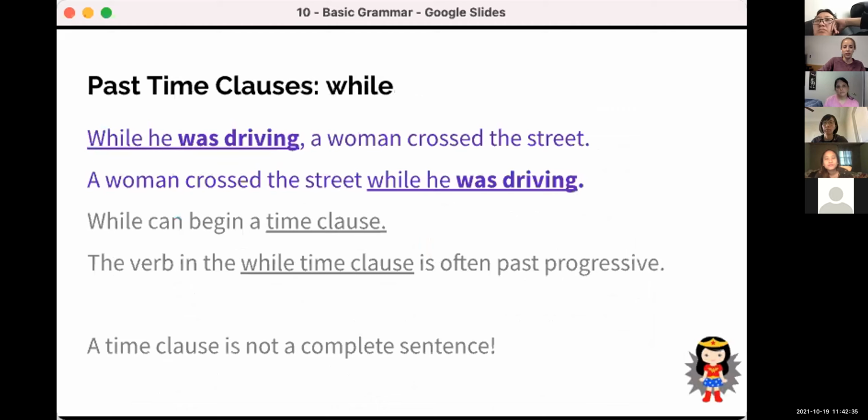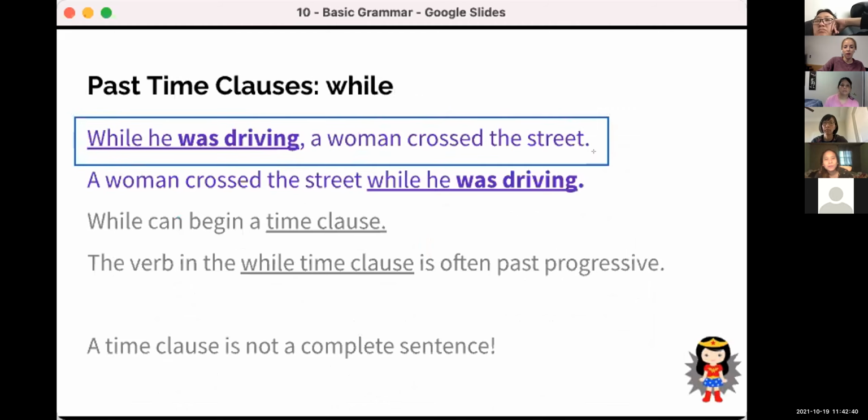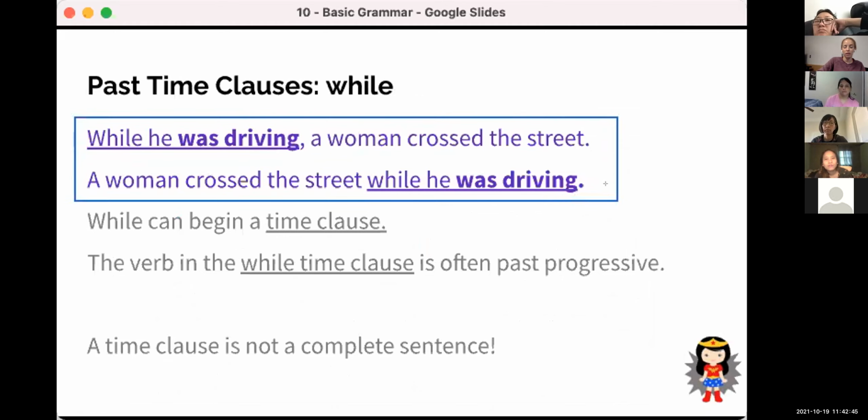These two sentences here in purple have the same meaning. While he was driving, a woman crossed the street. A woman crossed the street while he was driving. We use while to show that continuous action. This part of the sentence here, while he was driving, is called a time clause.